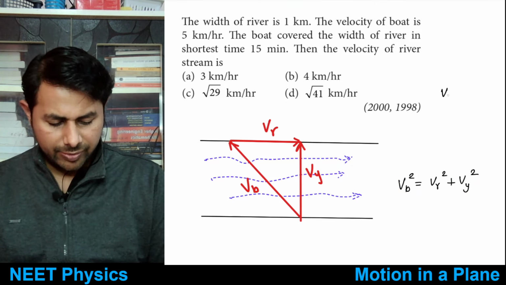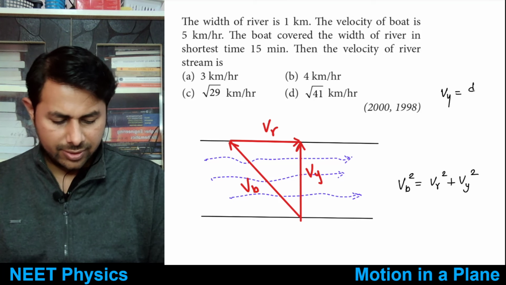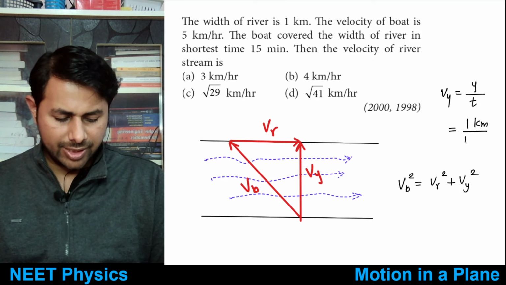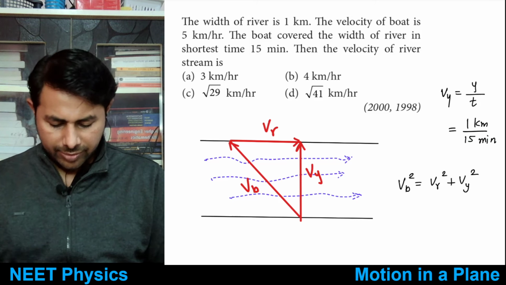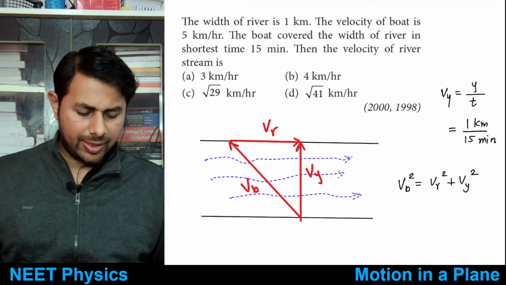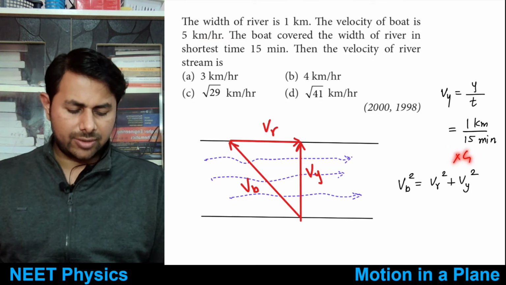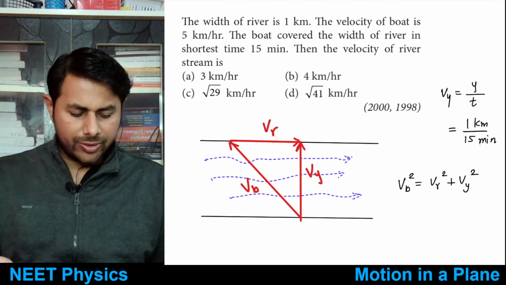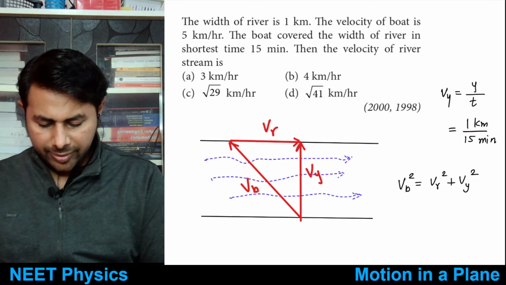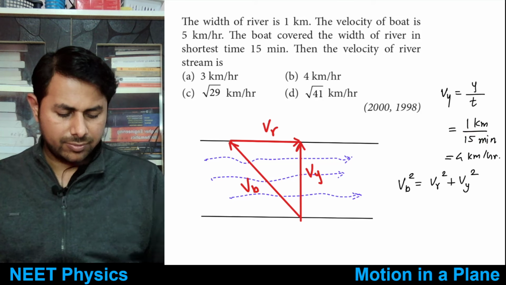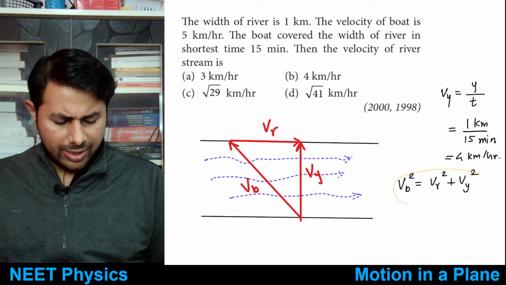So Vy is equal to distance covered, y, divided by time. So 1 kilometer per 15 minutes, but we want it in kilometers per hour because the other velocity is in kilometers per hour. So multiply numerator and denominator by 4. Then 15 minutes times 4 is 1 hour. So it will be 4 kilometers per hour, right? So you got Vy also.